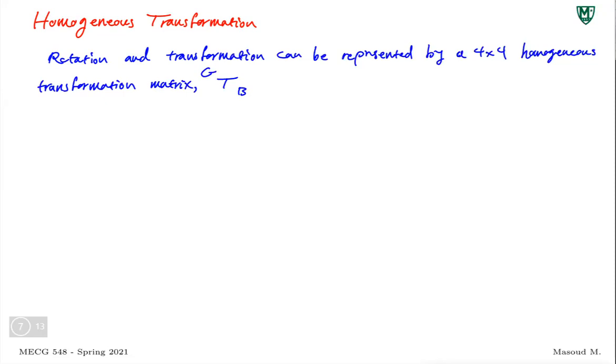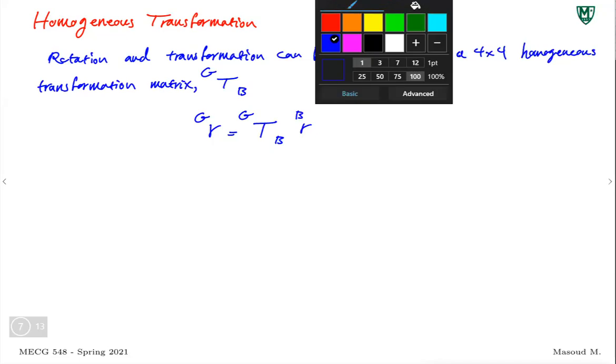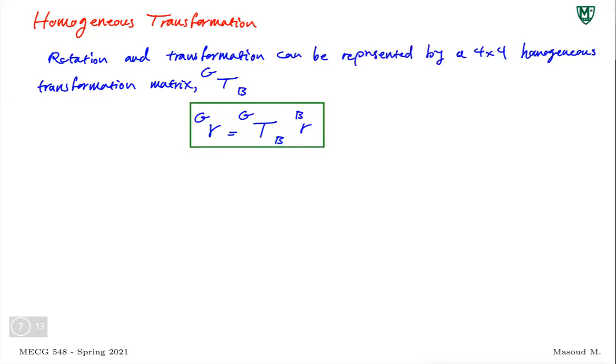If you use this 4x4 matrix, which I'm going to define the components of, you can just easily write R in global coordinate frame is the transformation matrix going from local coordinate frame to global coordinate frame multiplied by the position of the point in local coordinate frame. All right, that's all you will have. So that plus D, I'll show you, is now incorporated into this transformation matrix.